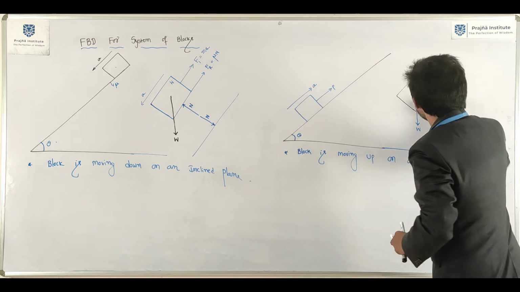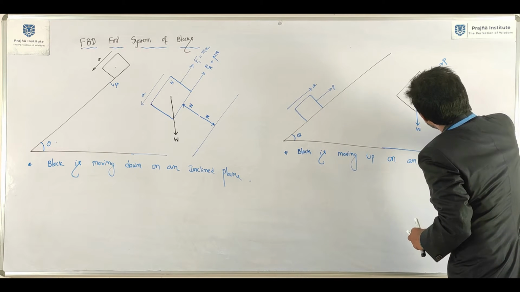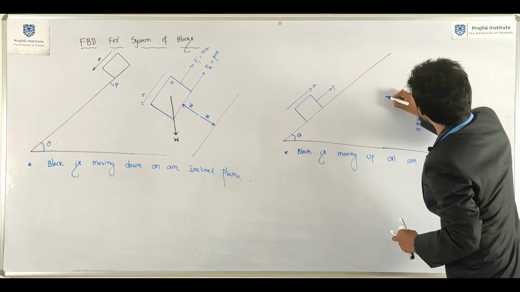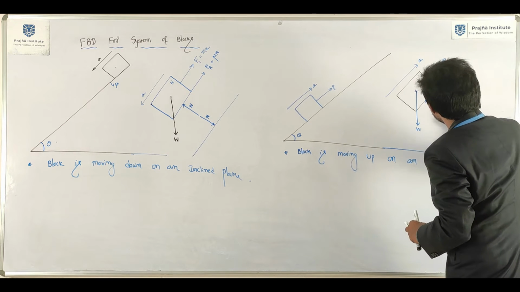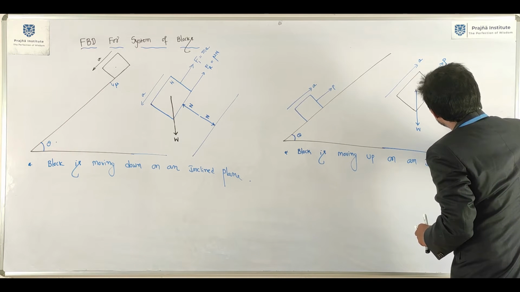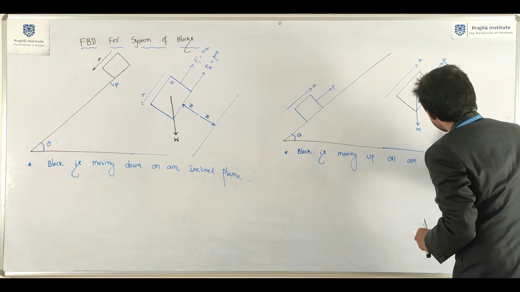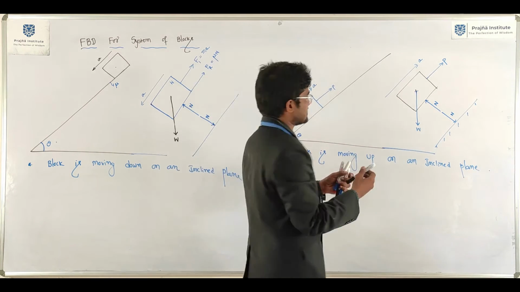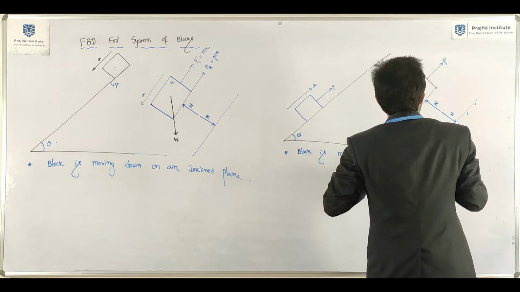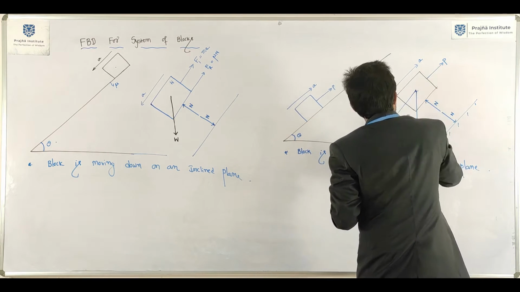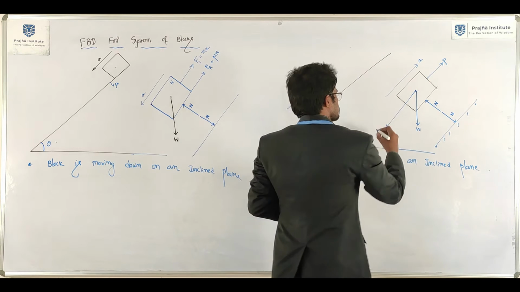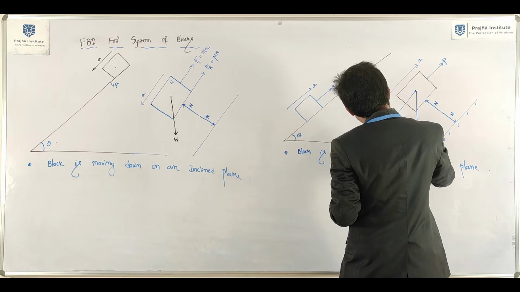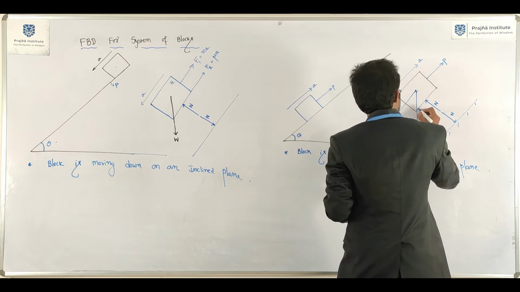Apply the same thing here, normal reaction. Of course this is the acceleration, this is the normal reaction. Again, inertia force and frictional resistance are both acting opposite to the direction of motion.